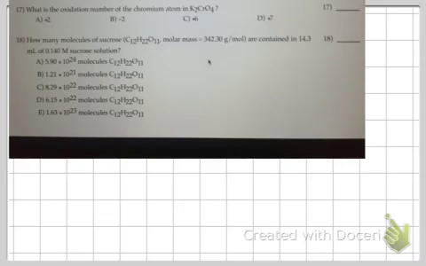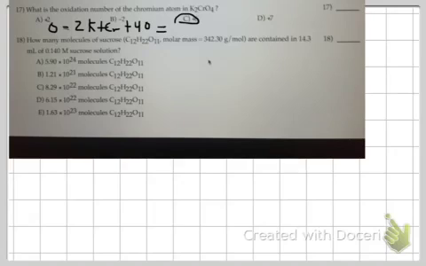Yep. 17, what's the oxidation number of chromium in potassium chromate? It's plus 6. But how'd you figure that out? It's going to be 0 equals 2 times potassium's oxidation number plus chromium's oxidation number plus 4 times oxygen's oxidation number.